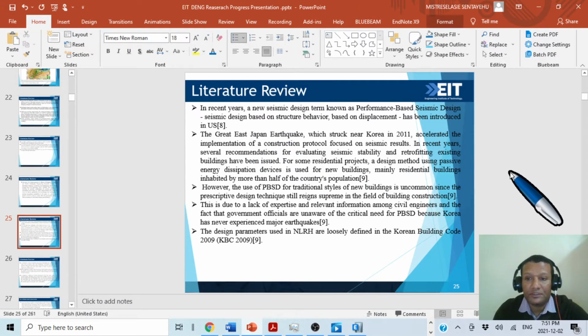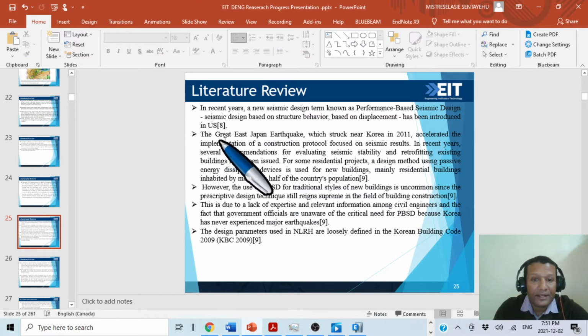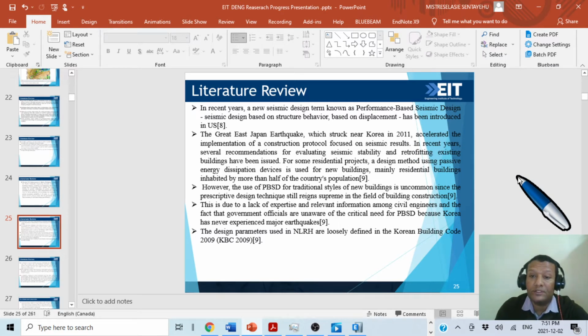Even the idea came from the US. Again, the Great East Japan earthquake, which struck near Korea in 2011, accelerated the implementation of the construction protocol focused on seismic results.